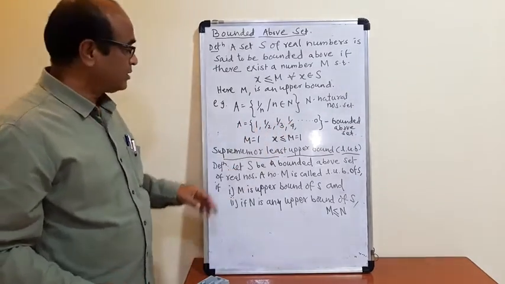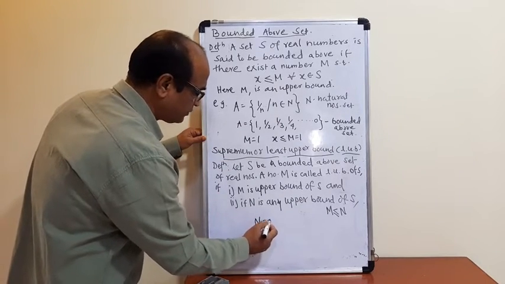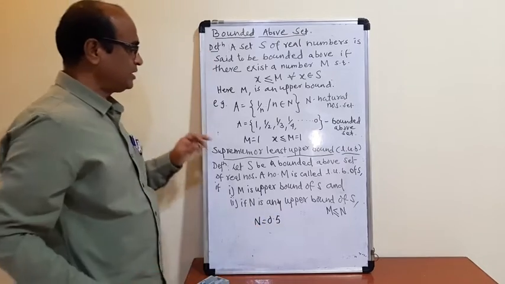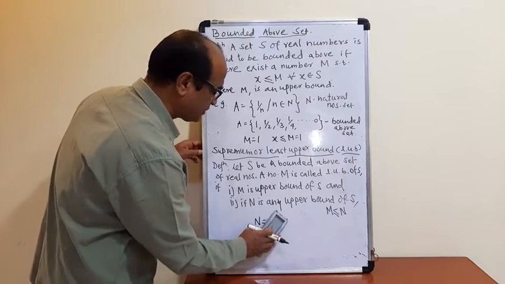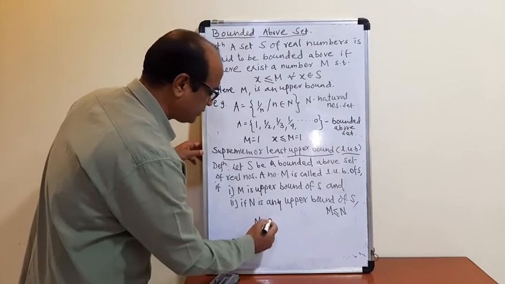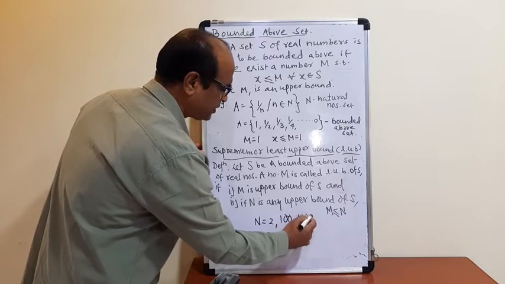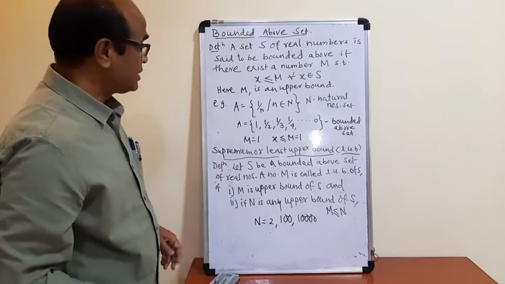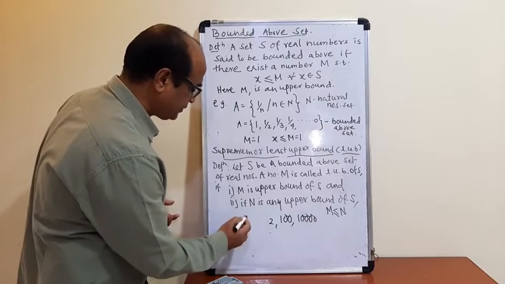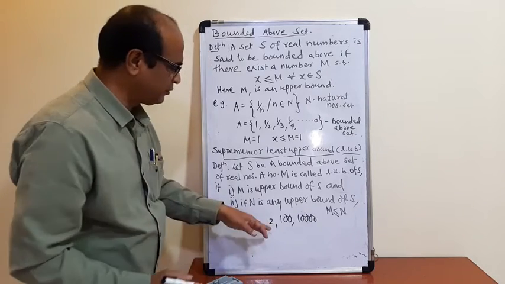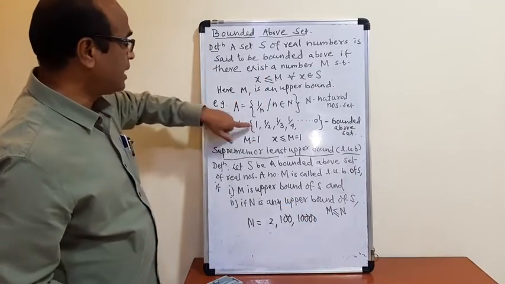So we take another N, equal to something, say 2, or 100, or 1000, 10,000 and so on.